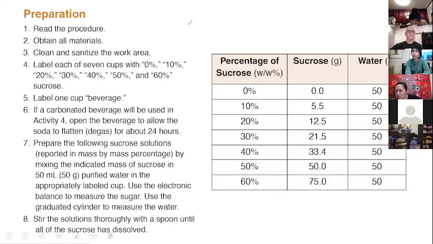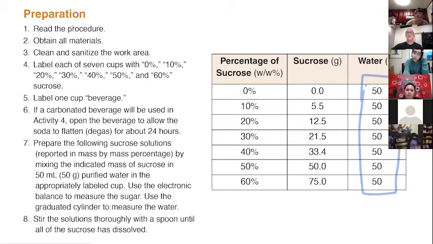So these are the 6 solutions you're going to be making tonight. Have this table in front of you when you're making your different solutions, because it tells you for each one of them, you want 50 grams of water. Now make a note of that. It doesn't say 50 mils of water, does it?